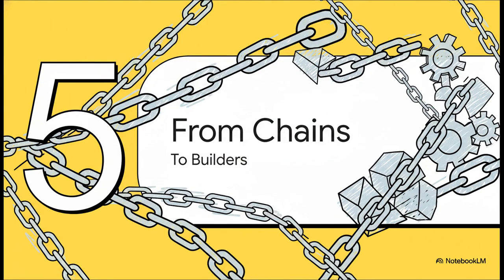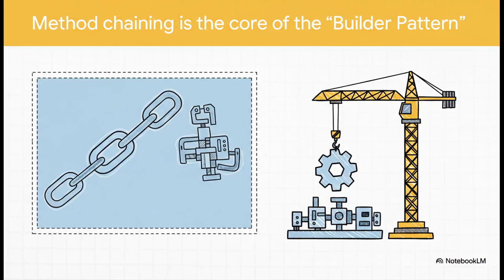And that idea, the idea of using these fluent chains to build something, well, that leads us straight into one of the most famous and useful design patterns out there. Yep, we're talking about the builder pattern. If you've ever used a builder in Java to put together a complex object piece by piece, guess what? You've been using method chaining this whole time. So now when you see a builder, you'll know that the magic underneath is just that simple little return this.